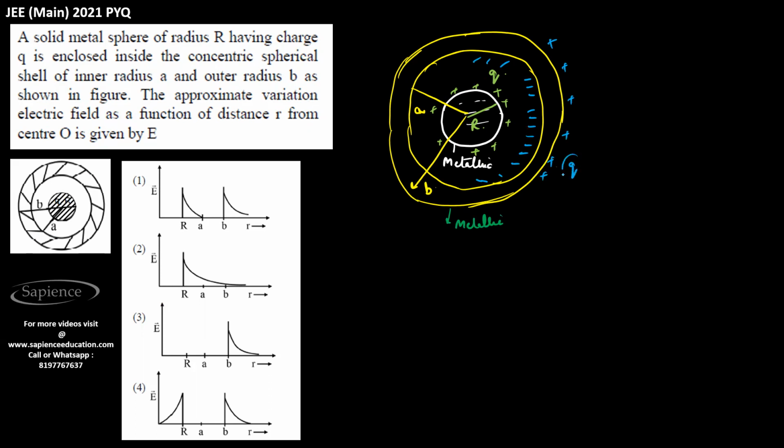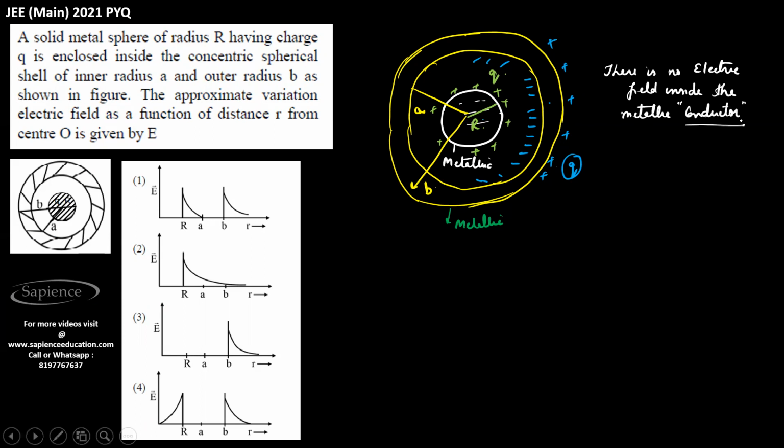But we should make sure that there will be no charge or electric field inside the metallic conductor. We already know that there is no electric field inside the conductor.